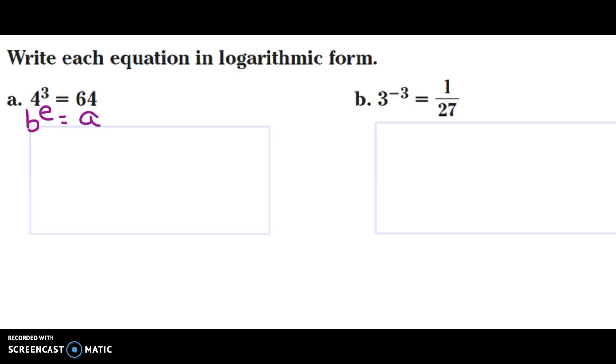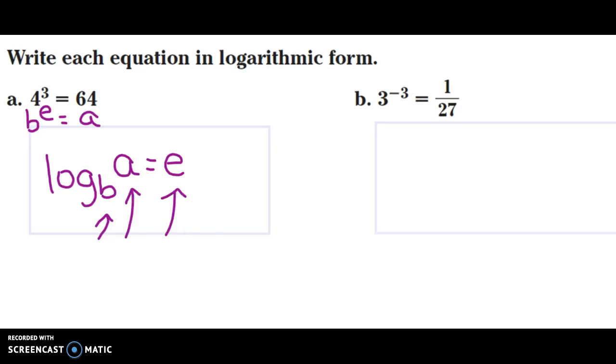In logarithmic form, we write log base B of the answer, and that is equal to the exponent. We're actually looking for the exponent. It has the acronym BAE, which might help you remember it.